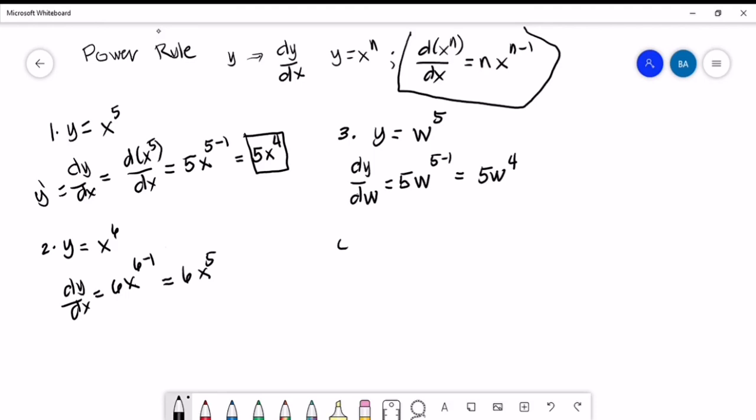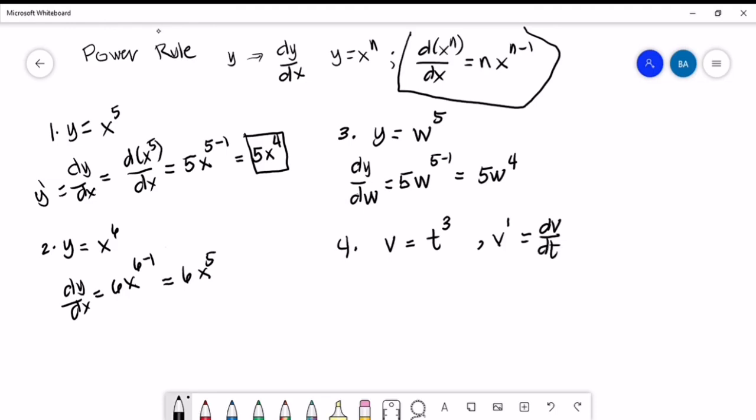And also, for the last example, let's say v is equal to t raised to 3. We are going to find v prime, which is also equal to the derivative of v with respect to t.